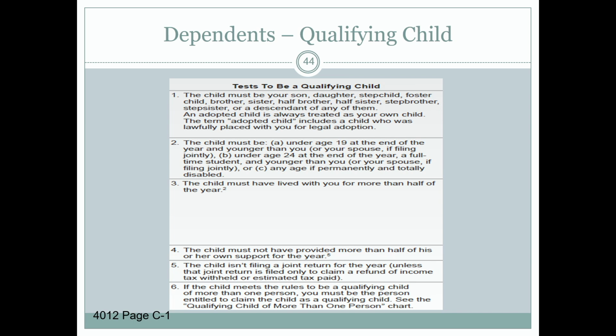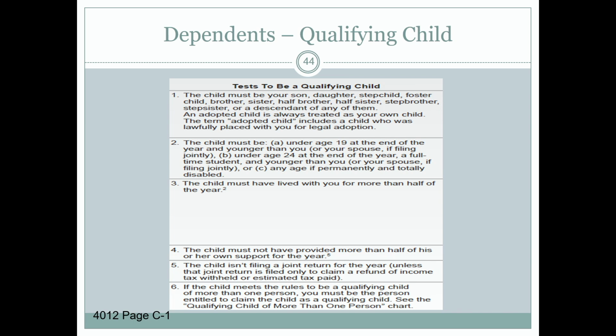Or they can be under age 24 at the end of the year if they are a full-time student and younger than you or your spouse and still qualify. Or if they are permanently and totally disabled, it doesn't matter about the age. So we have three different ages there that you would have to look at.